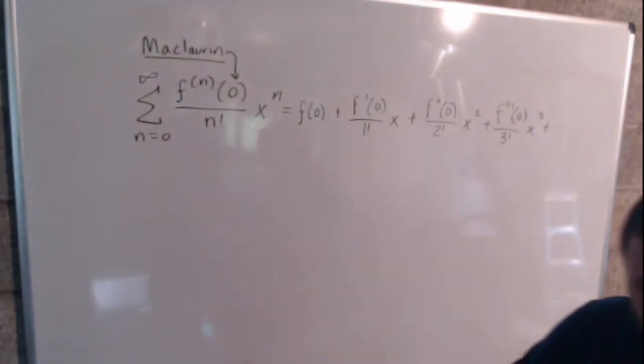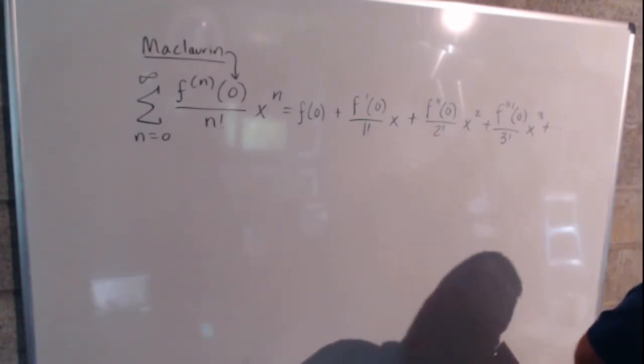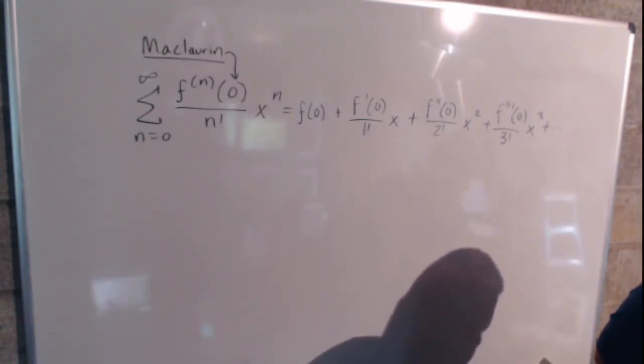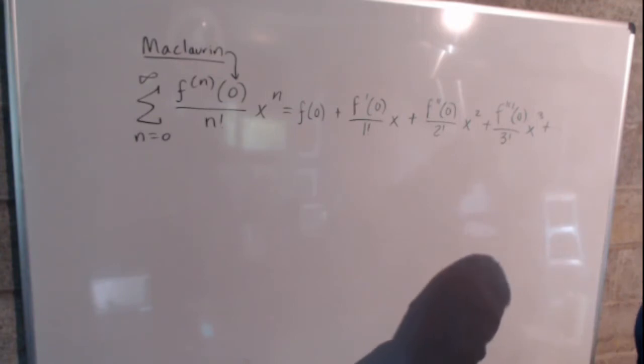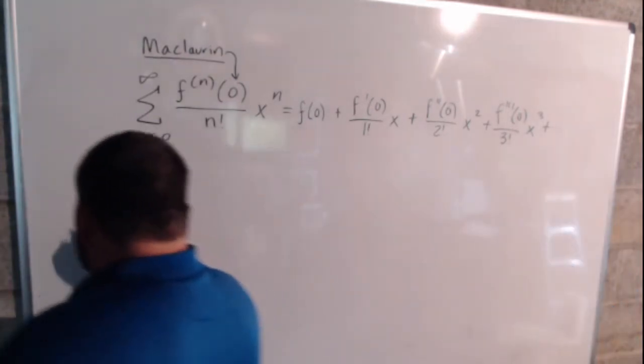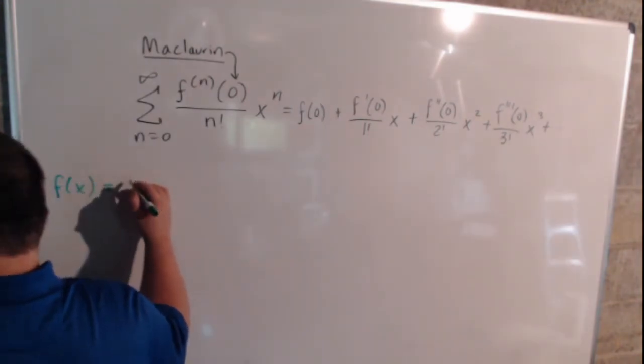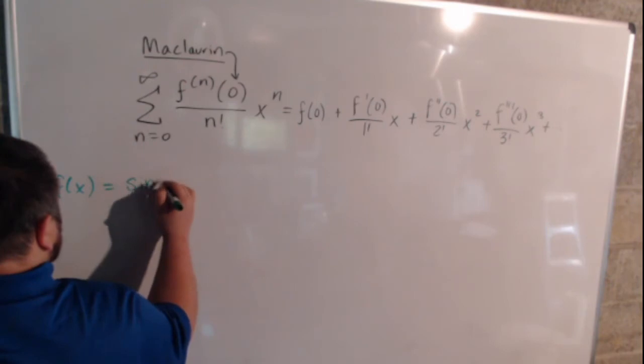All right, so the next Maclaurin series is given f of x is equal to sine of 2x.